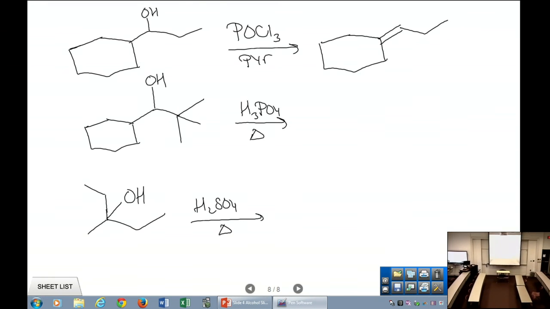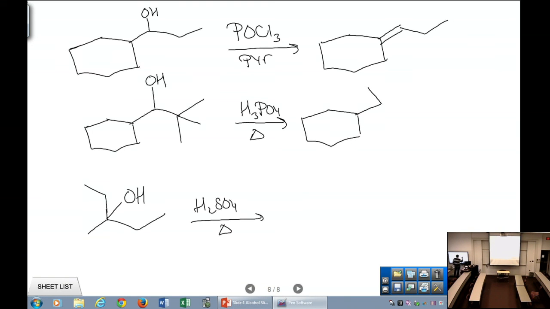If you have H3PO4, you're going to do an E1 type elimination because you're at a secondary carbon. So you're going to make a carbocation and you're going to get a rearrangement. Rings don't rearrange, right? But we can get two possible products.